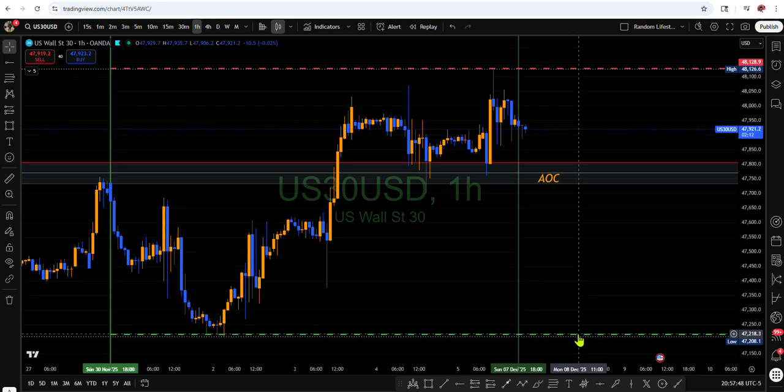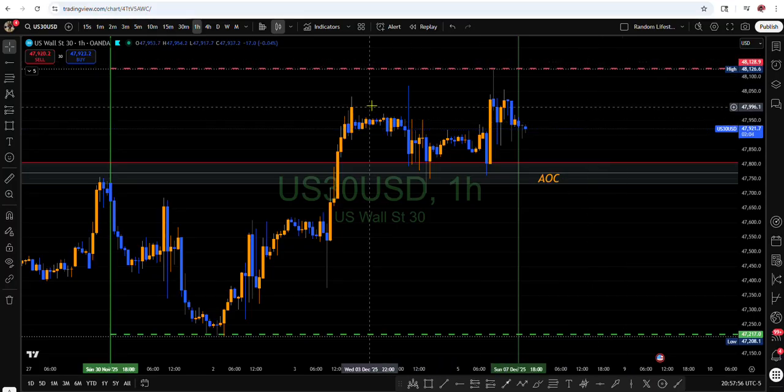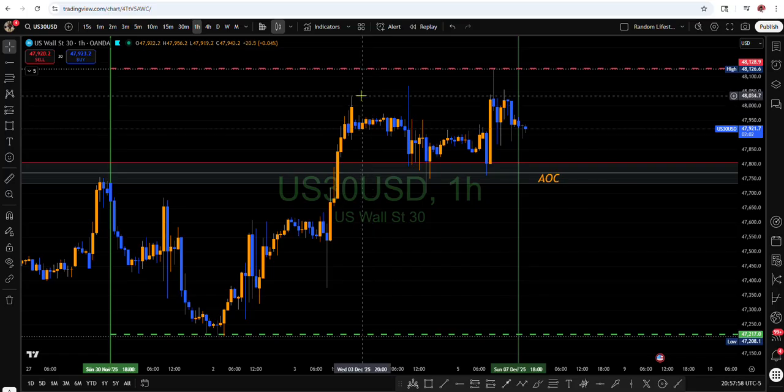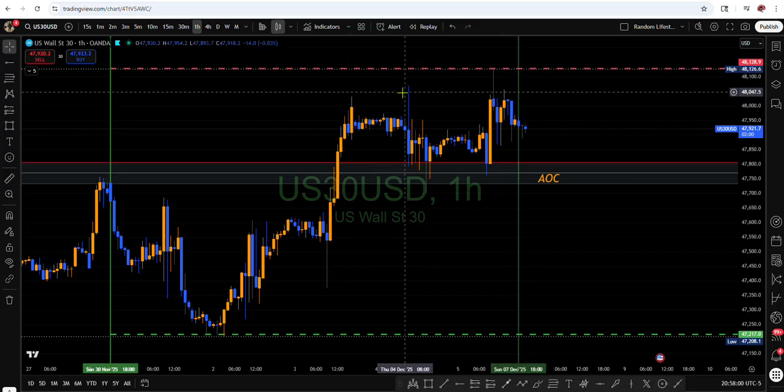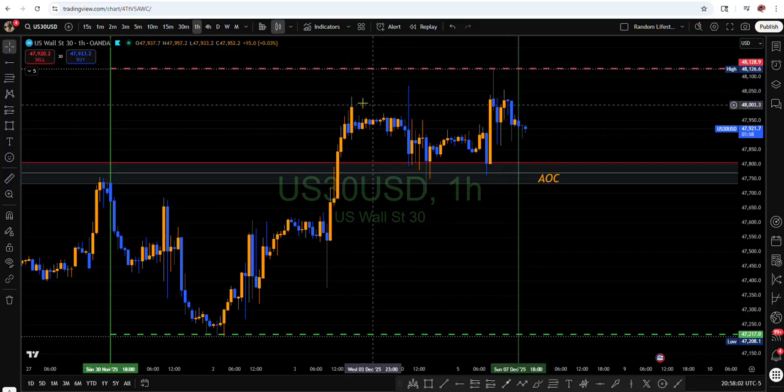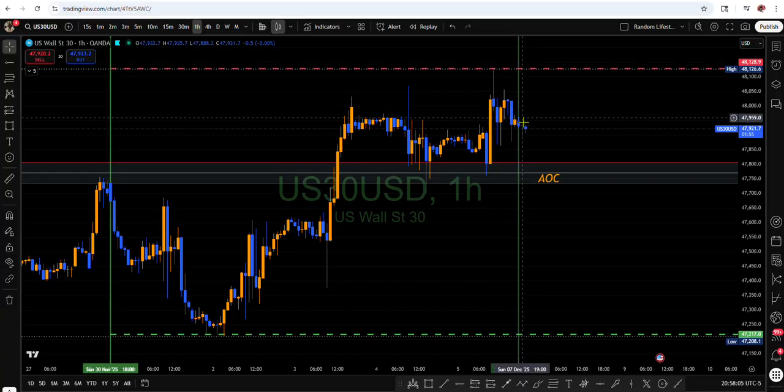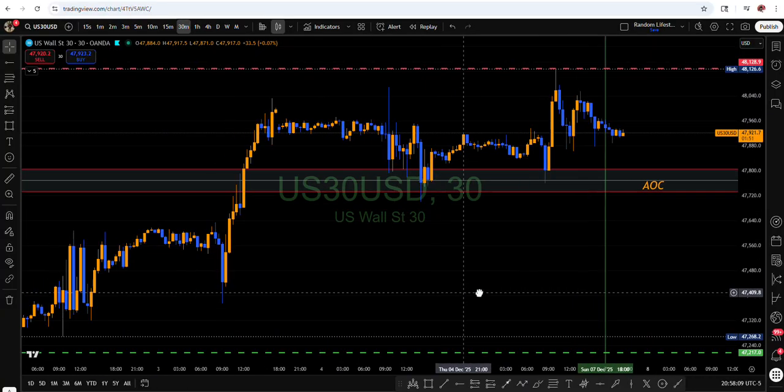If it bounces off, then I'm going to look for buys on the way up, especially right here where it rejected. It's been rejecting this area a couple of times, as you can see, 1, 2, 3. But this is rejecting up, so it's just wicking up, and it's making its way down to the downside.